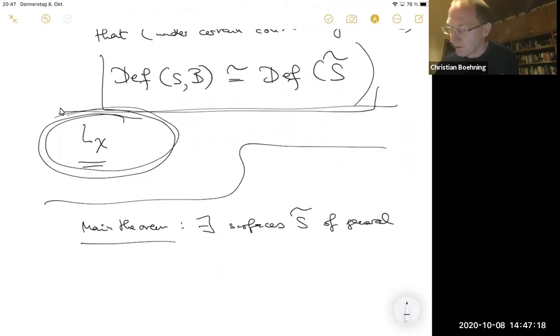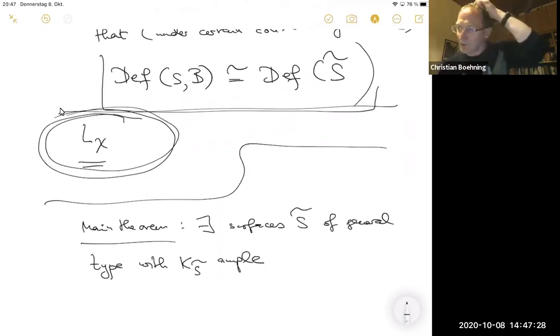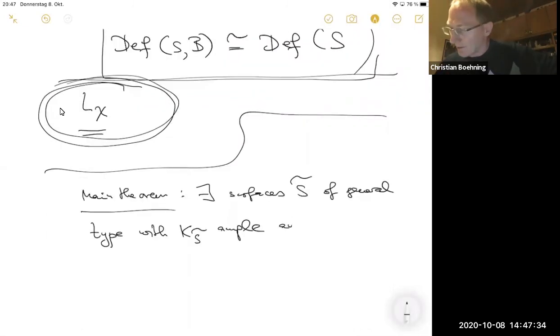We also have to check that they have general type with K ample, but this is then an easy computation using the Nakai-Moishezon criterion, and Kuranishi space a non-reduced point.